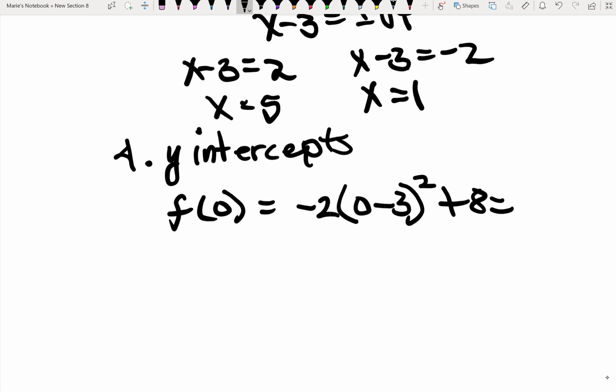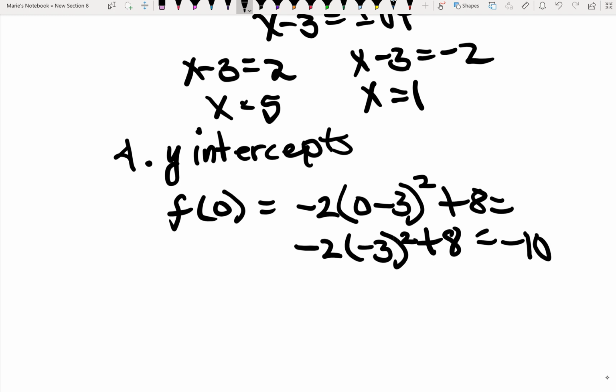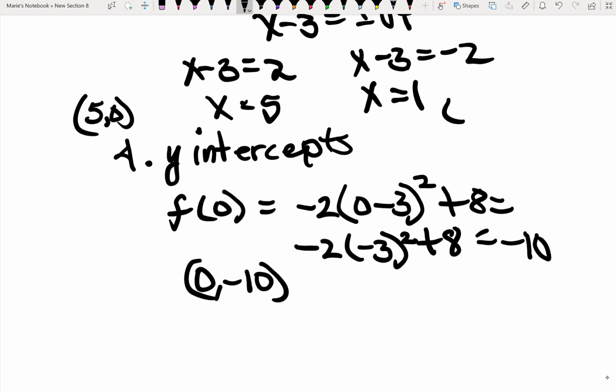And that equals, as we continue the math, negative 2 parentheses negative 3 squared plus 8, which leaves us negative 10. So our y-intercept is, in other words, when x is 0, y is negative 10. In these two cases, our intercepts are (5, 0), and over here (1, 0). These are the x-intercepts. All right, and this is your y-intercept.